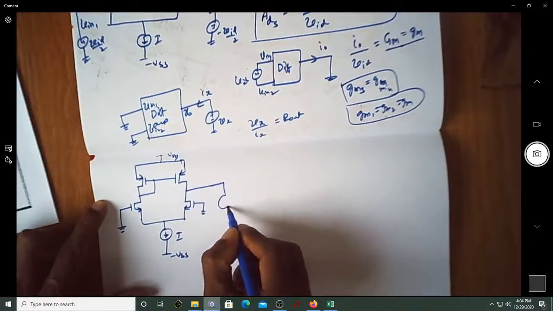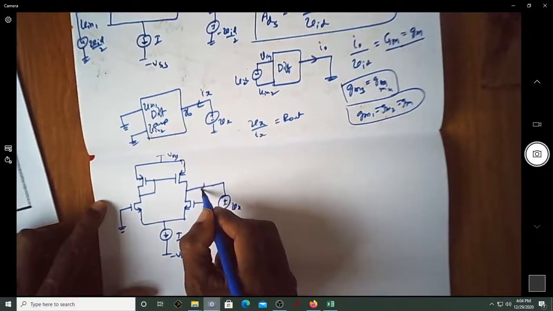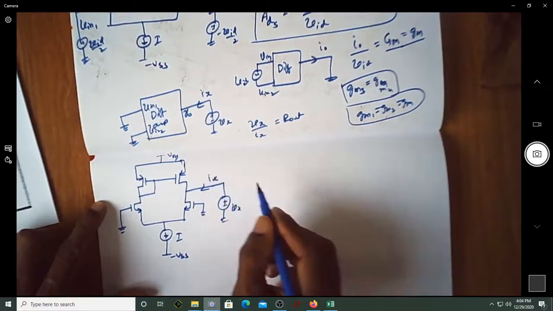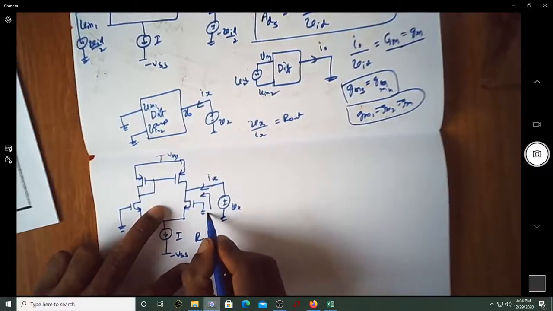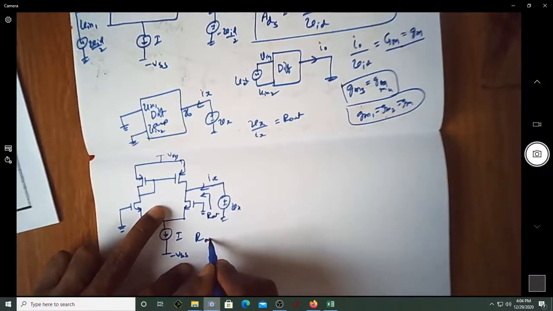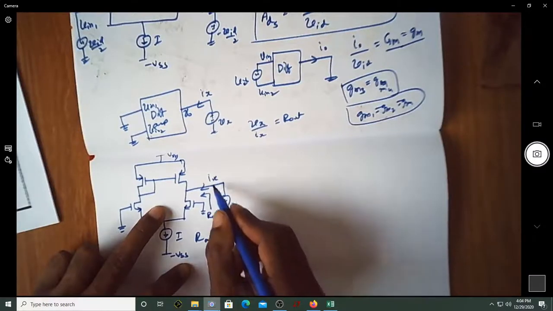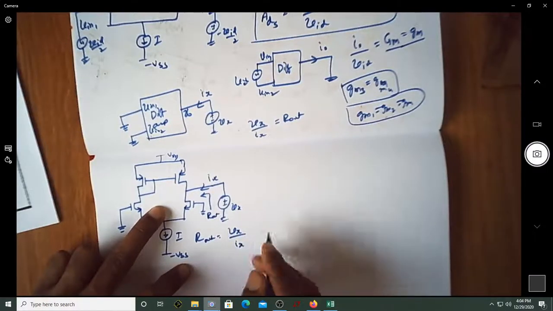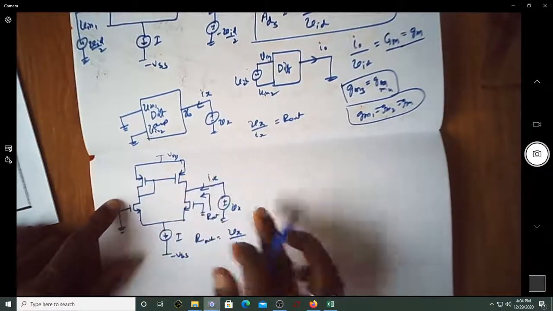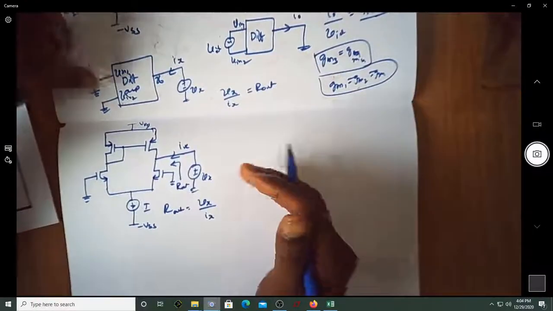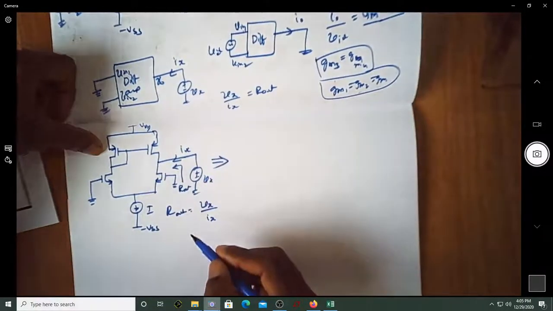This is where I will apply a dummy source. So I'm looking at what Ix is. R out, which you look at from here, can be found by knowing the value of Ix for the applied Vx. So this is again M1, M2, M3, M4, the way it was explained earlier. So let us try to write its AC equivalent.